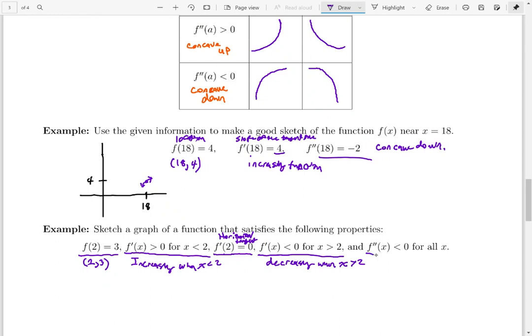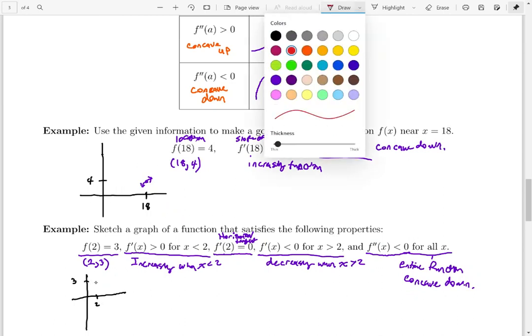And then lastly, we're told that f double prime of x, that is the second derivative, is negative, less than 0, for all x of this function. That is the entire function. Since it does say all x, the entire function is concave down. So then we can sketch this. Give myself an xy coordinate plane. I recognize that I have the ordered pair (2, 3), not quite to scale.